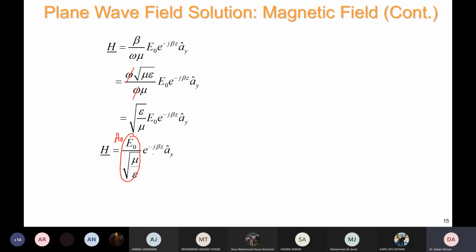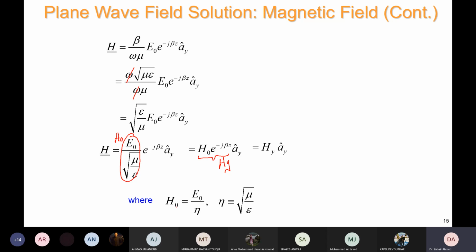And H naught is also a traveling wave in the plus z direction, but its direction is orthogonal to the electric field. The electric field direction was in the x direction, and the magnetic field comes out to be in the y direction. So the magnetic field has only a y component, this whole thing is Hy, and this is the ay unit vector.